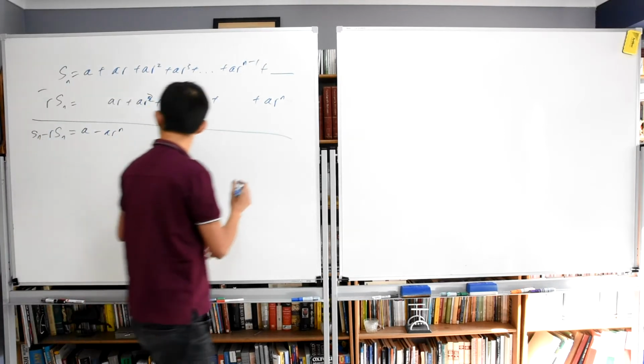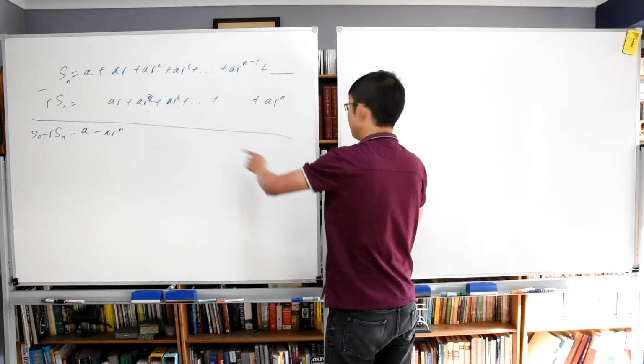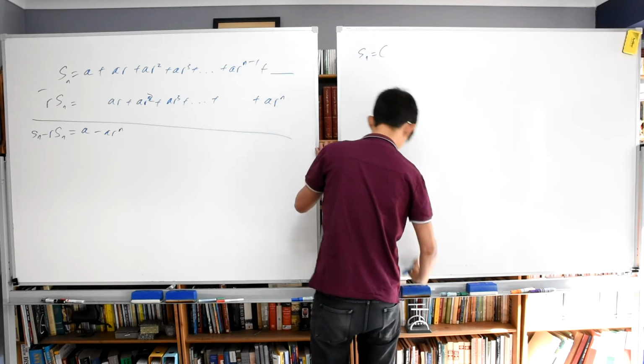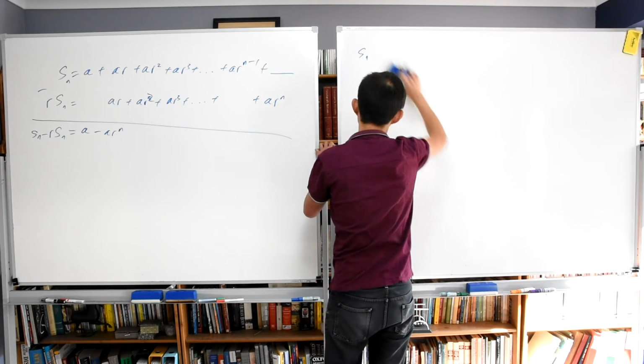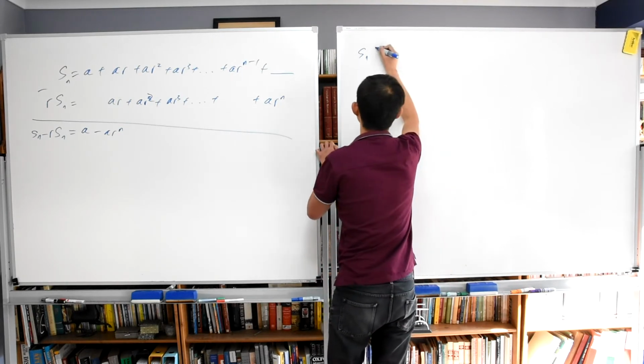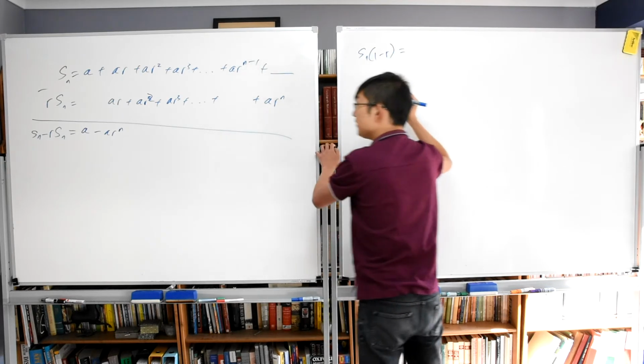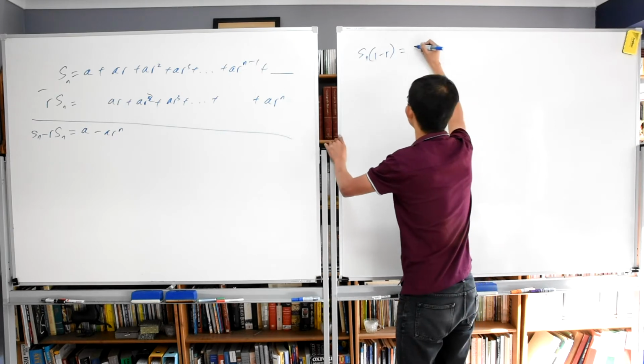Going over to that side, let's factor out the Sn's. And let's factor out the a's on the right hand side.